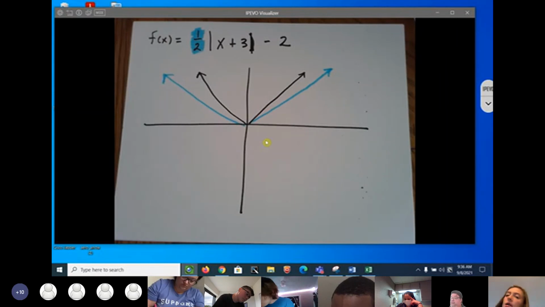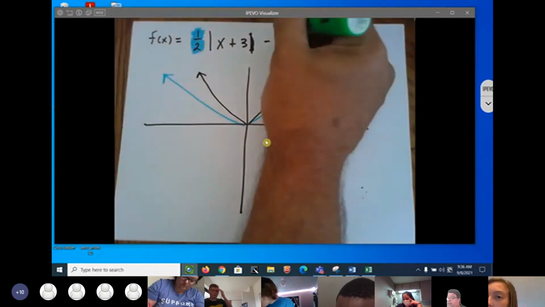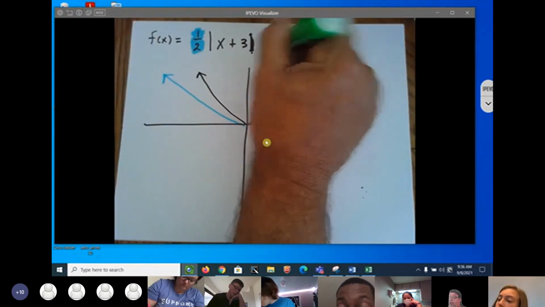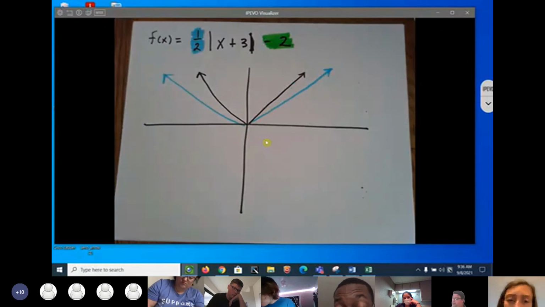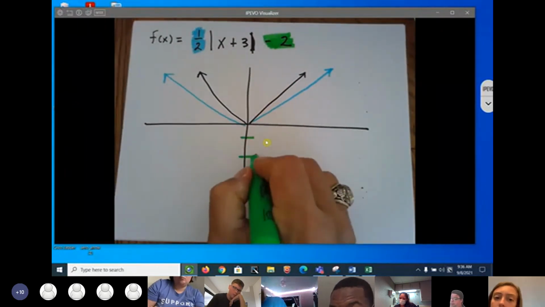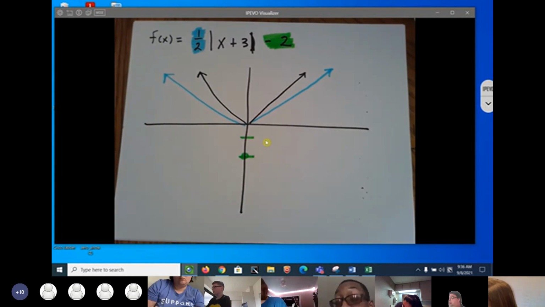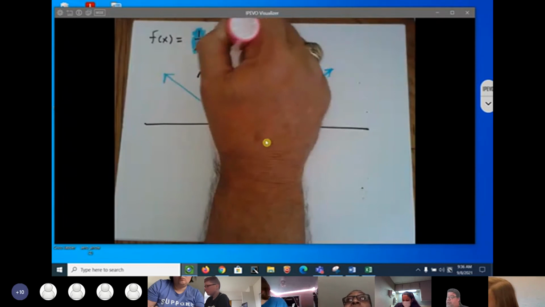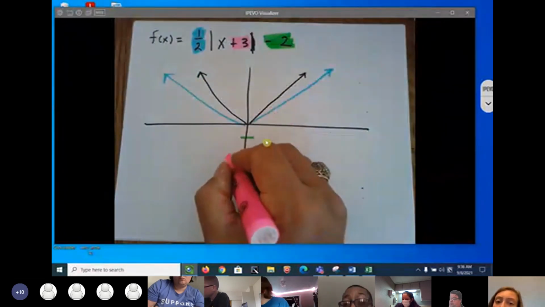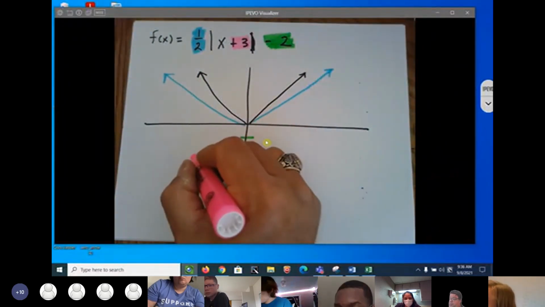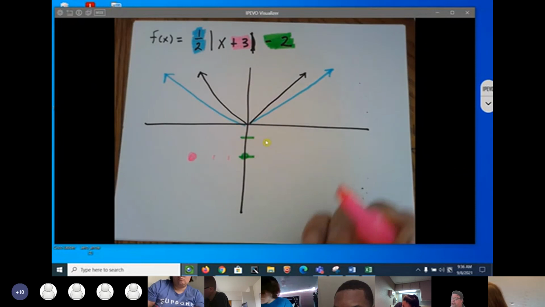And this vertical shift means 2 what? Up or down? Down. And then my positive 3 means 3 to the what? Left. So there is my new vertex.